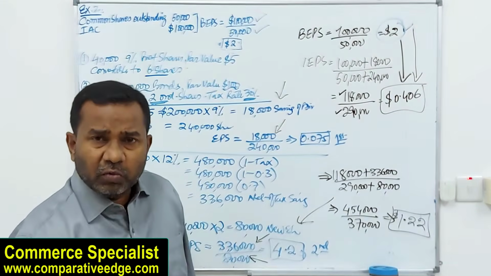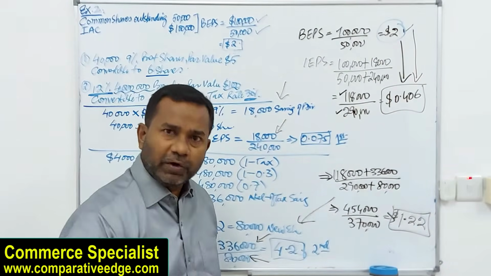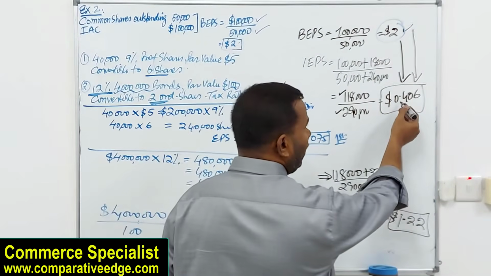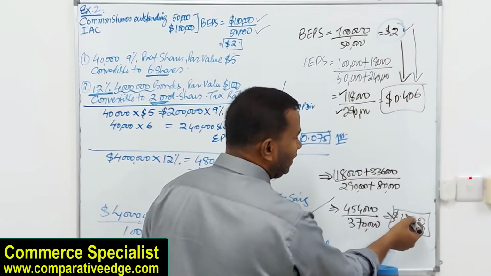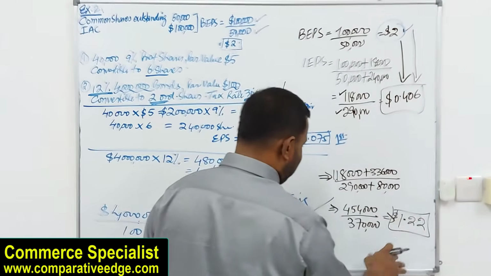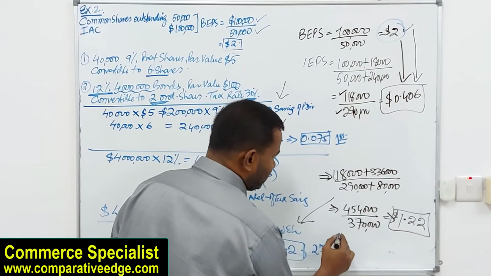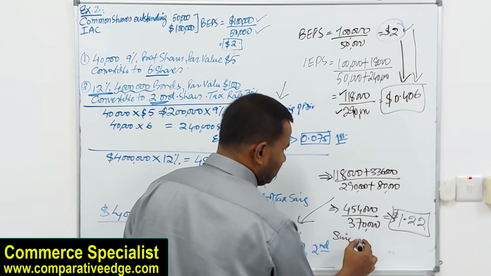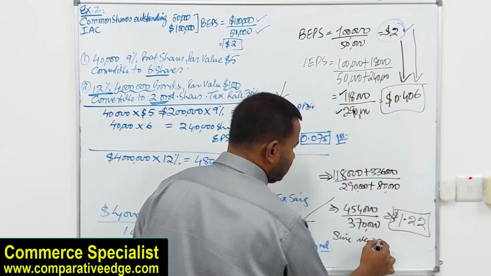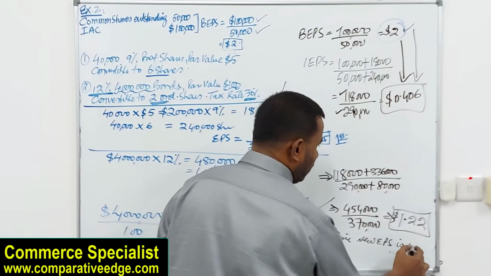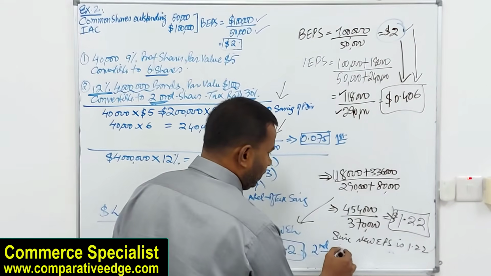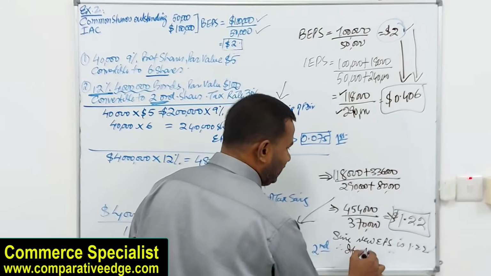But when the bonds converted, it brought good news for the business. Why? Because from 0.4 now it is increasing. Because it is increasing, I can write here a comment: since new EPS is 1.22, therefore it's anti-dilutive.